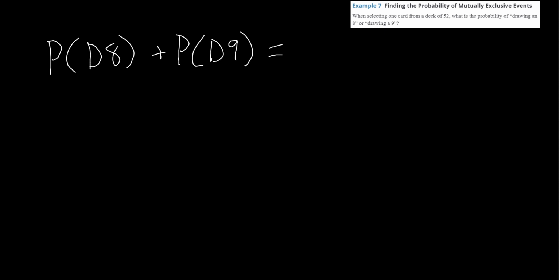In a deck of 52 cards, there are 4 suits, and there's a number of each suit. So there's going to be a 4 in 52 chance of drawing an 8. There's also going to be a 4 in 52 chance of drawing a 9. So we add that together, we get 8 out of 52.